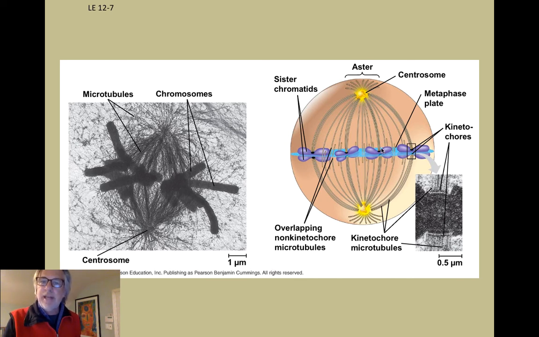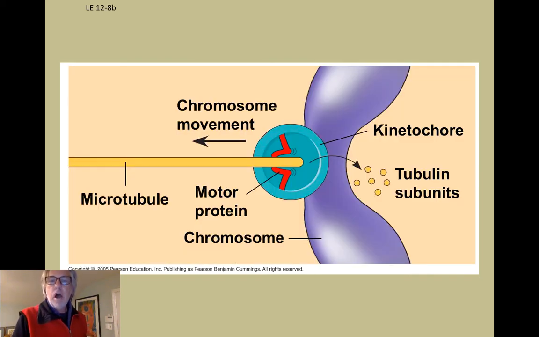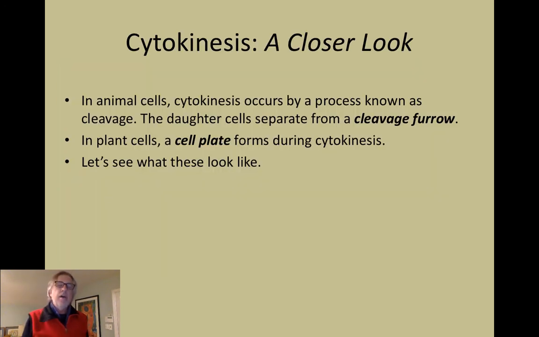Some of those spindle elements are attaching to the centromere, and they're going to allow a motor protein to walk the chromatid towards the new cell. Here's a picture of the motor protein walking along a microtubule in the spindle, and it's carrying the chromatid to its new nucleus.